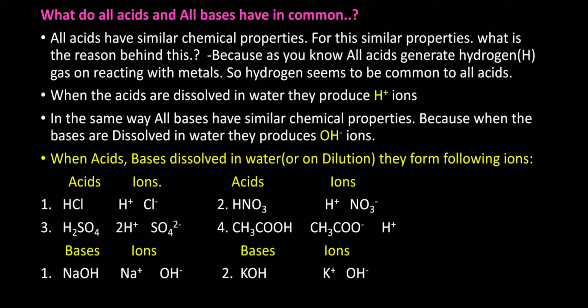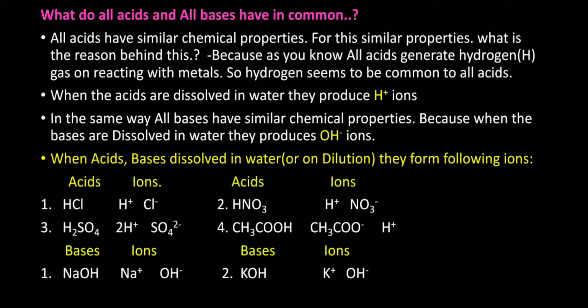Next point. When acids are dissolved in water, they produce H+ ions. Third point: in the same way, all bases have similar chemical properties, because when bases are dissolved in water, they produce OH- ions.